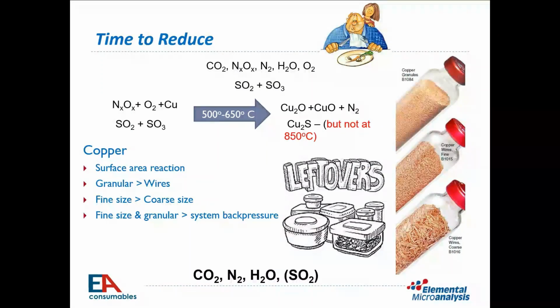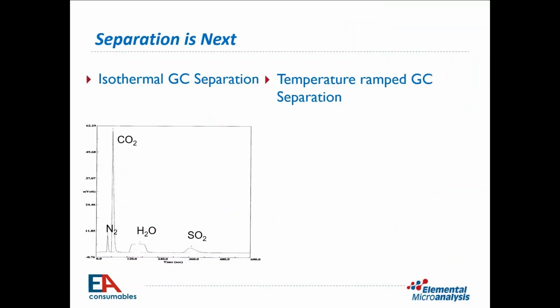And we still have the leftovers of CO2, N2, H2O, and possibly SO2, depending on the temperatures there. So the next step is to separate these analyte gases. They're all in one form. That's what we're looking to do. Generally, the most common method of separation for the analyte gases is chromatography, either isothermally or by temperature ramping.